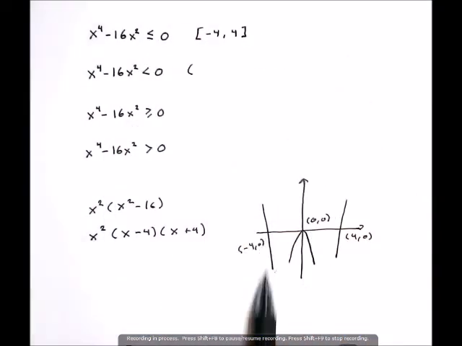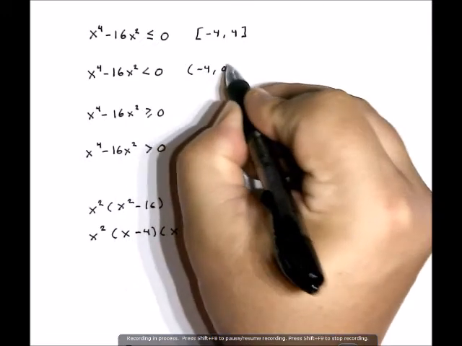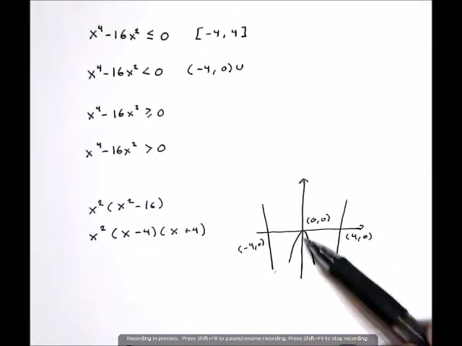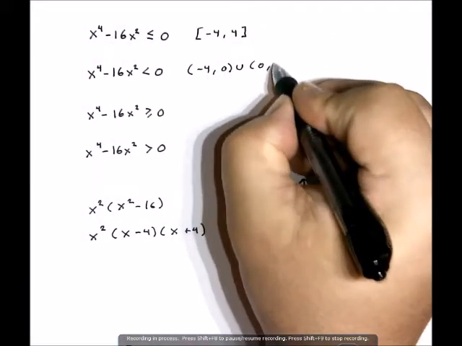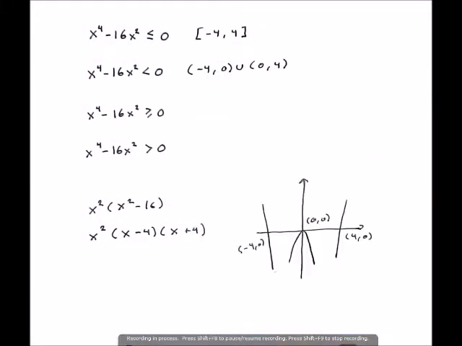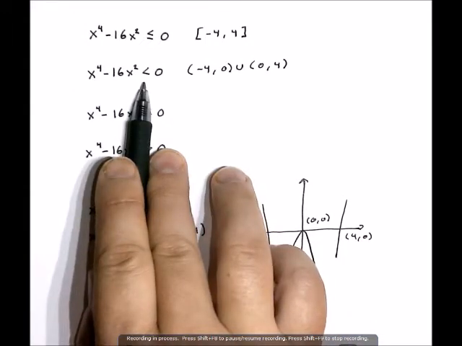This arc here up to the 0, and then this arc here from the 0 on up to the 4. So we had to exclude the 0 here because it was on the x-axis and not strictly less than.